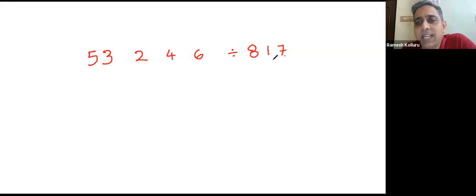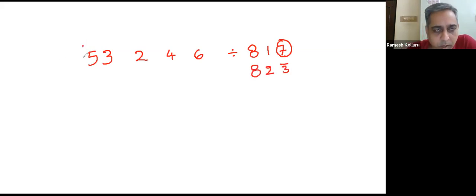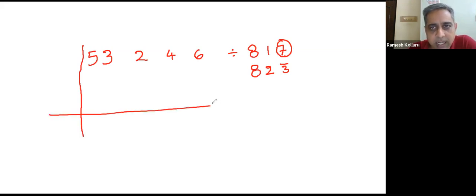In this case, I observe that only 7 is bigger. Because 8 I'm going to divide, this can be bigger, no problem. This 7 is bigger, so I change it to 8 2 3 bar. So my number is 8 2 3 bar. So observe very carefully.